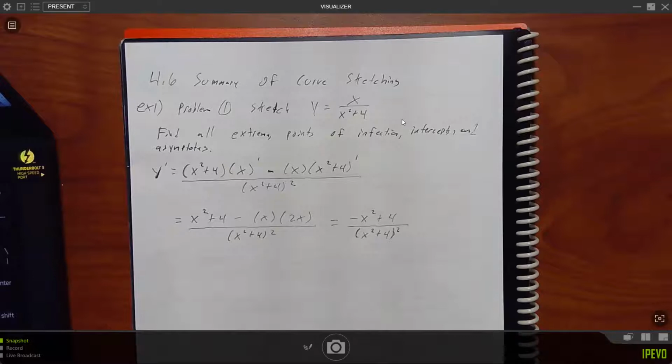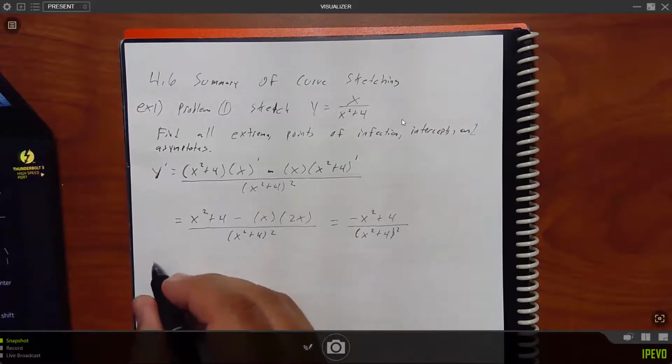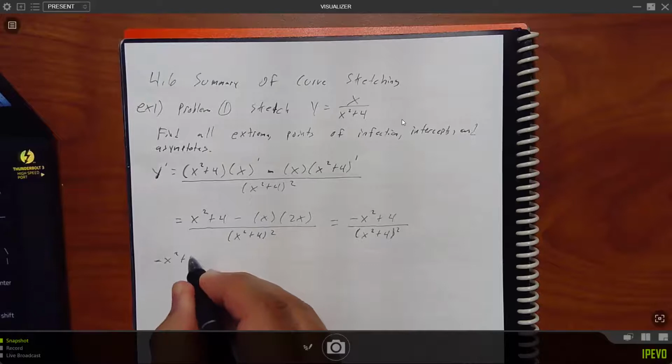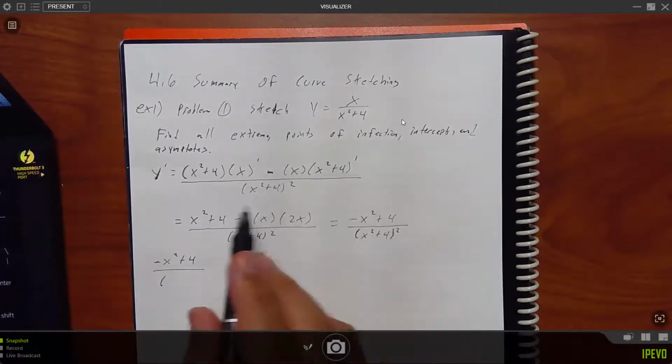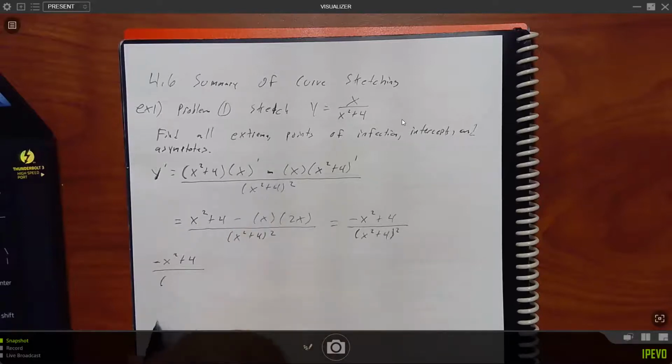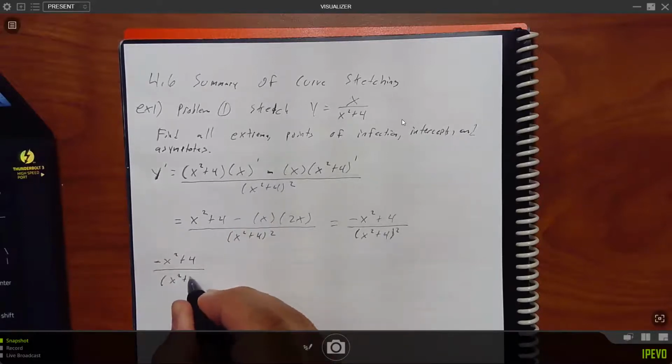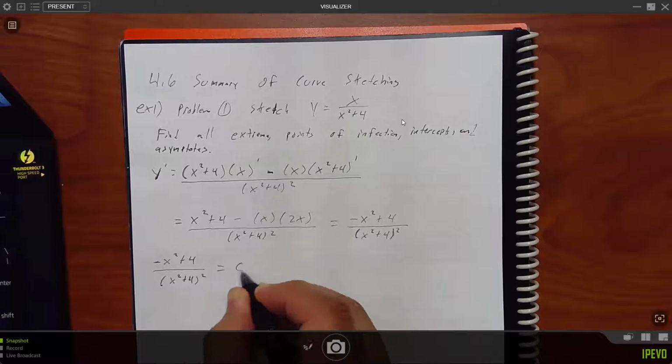So there's our derivative. Whenever this is equal to 0, we don't have to worry about the bottom part, but remember we said to find the inflection points and extrema points, critical values, you set the whole thing to 0.